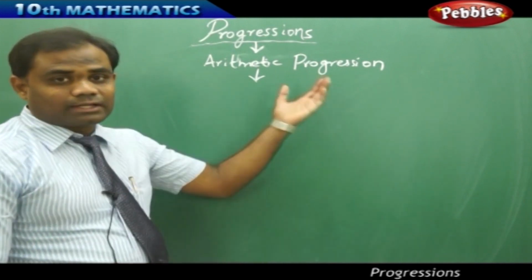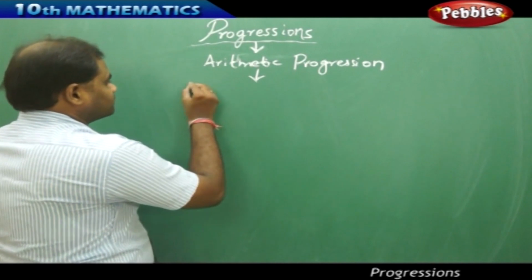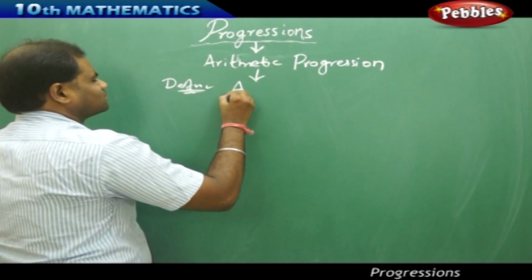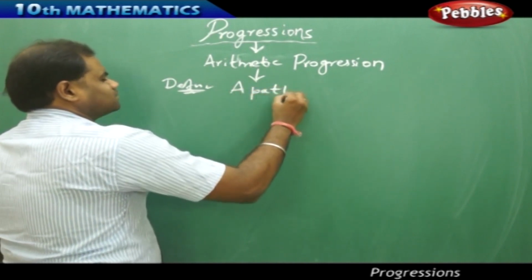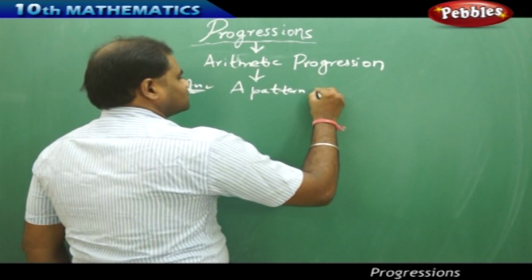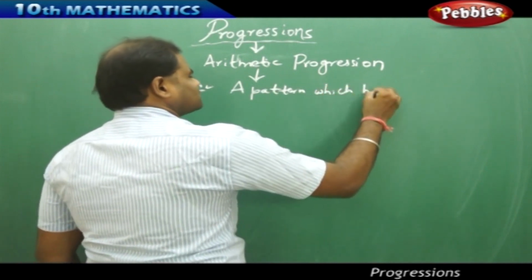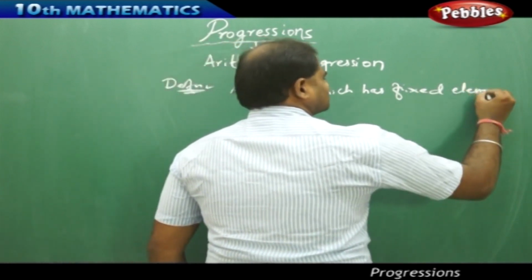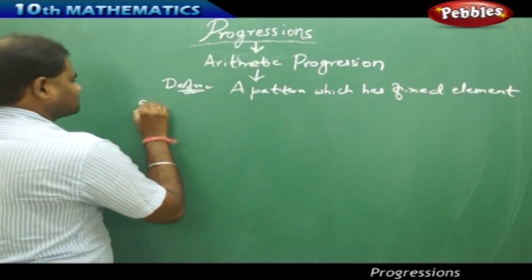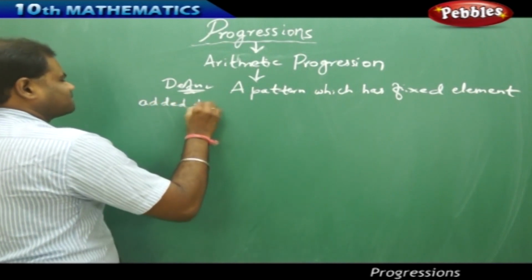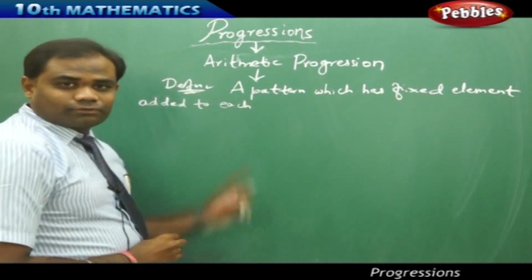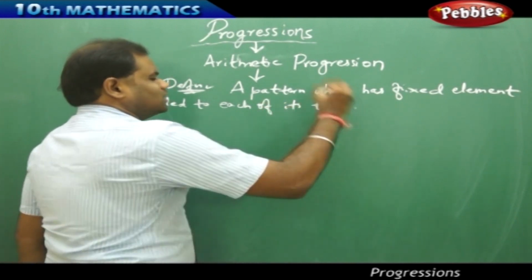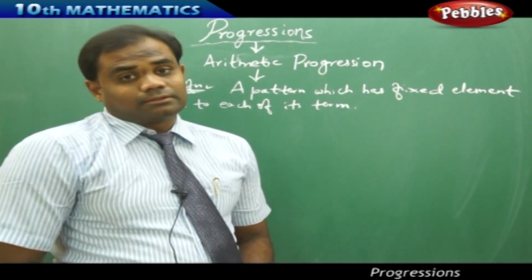So therefore, to understand this more clearly, let's take the definition. A pattern which has a fixed element added to each of its terms is called an arithmetic progression.